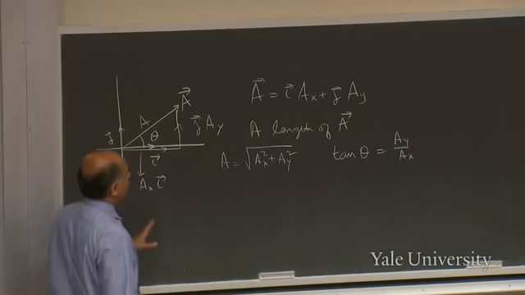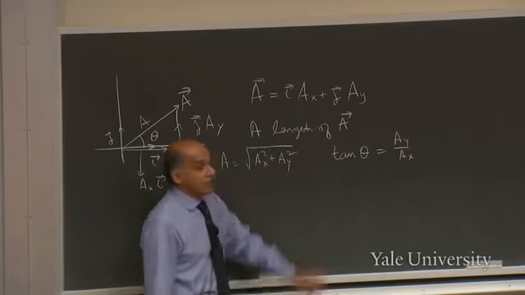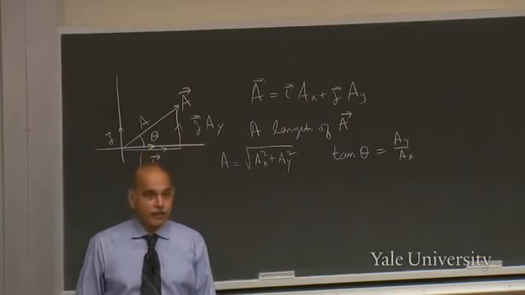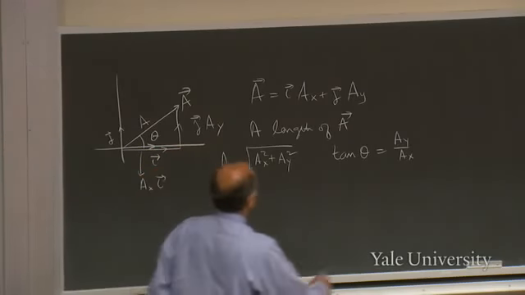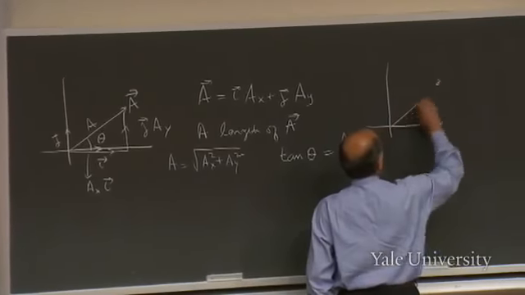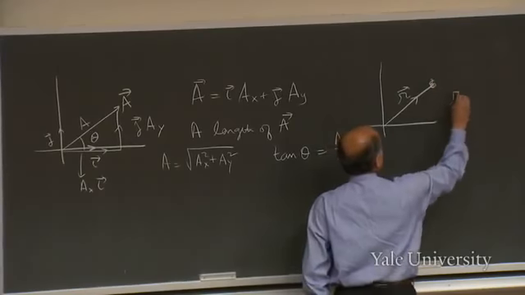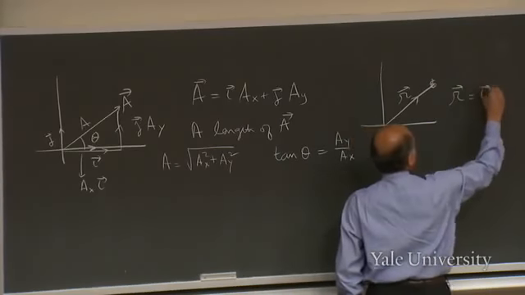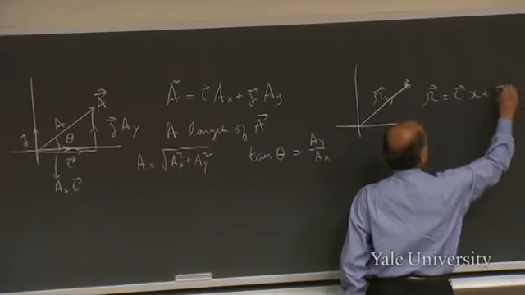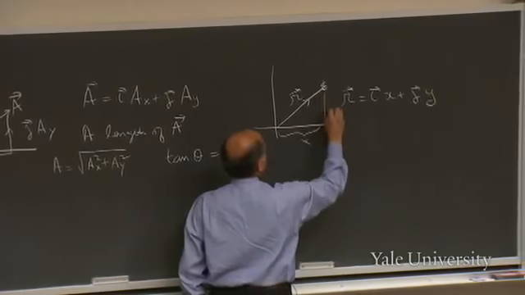Now, in practice, most of the time we work with these two numbers, Ax and Ay. If you're describing a particle with location r, the vector we typically use to locate a particle, then r is just i times x plus j times y, because you all know that's x and that's y.